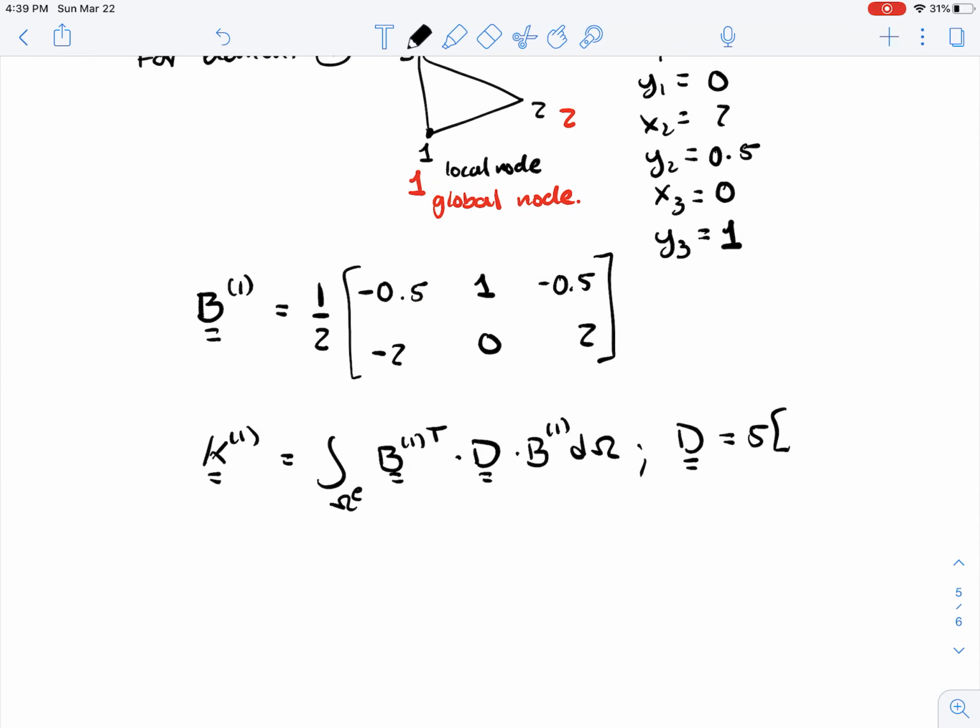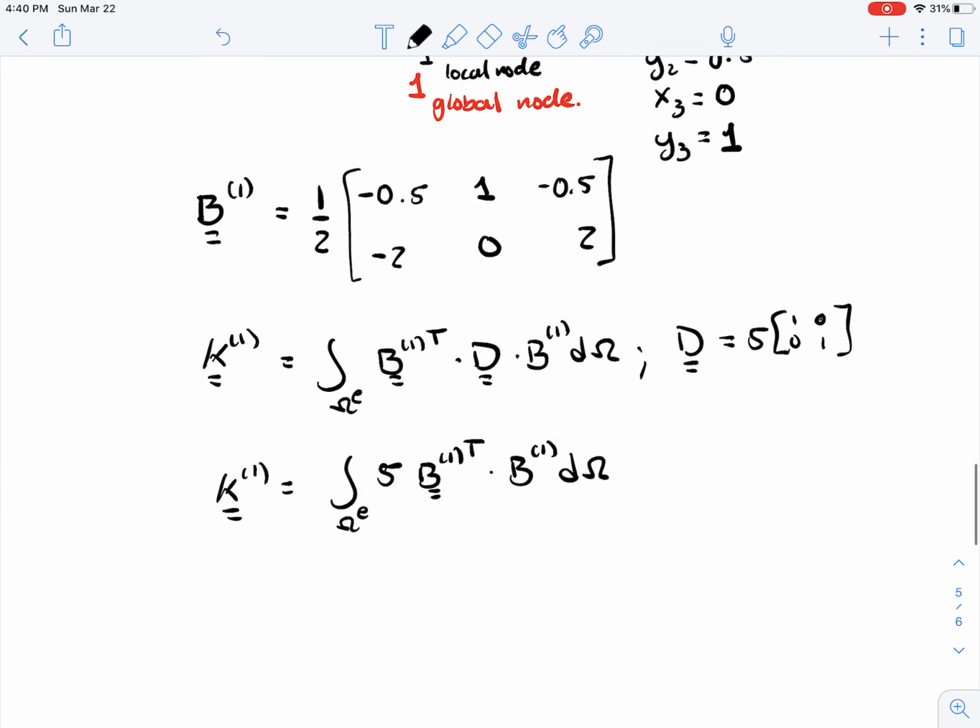So in reality this is 5 times the identity, so I can get rid of that matrix here. So I'm just going to leave the 5 times B1 transpose times B1 d omega.